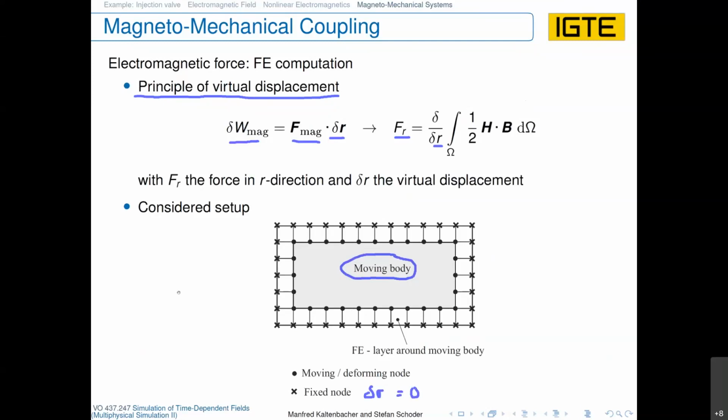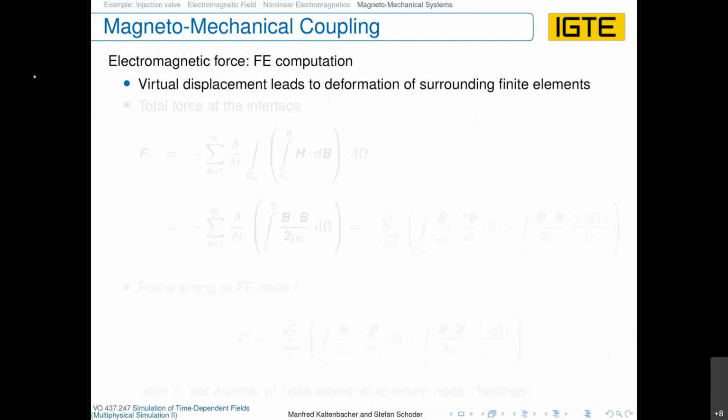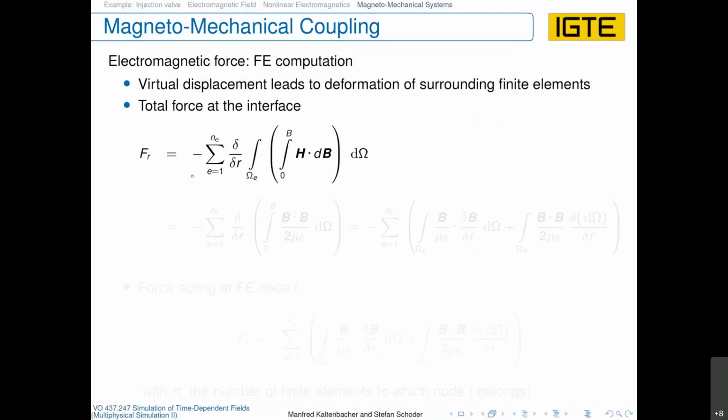Okay, so how does this work? We now look for the total force. In a finite element approach, we have to evaluate this for all our finite elements E surrounding this body. We have to compute the correct expression for the magnetic energy.